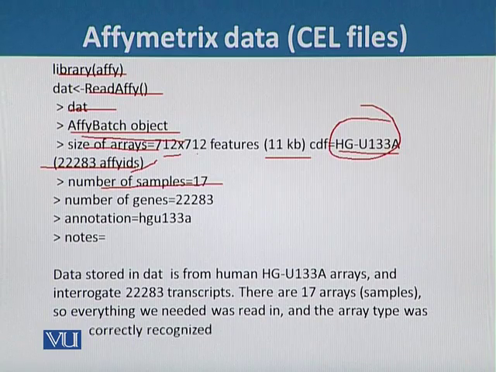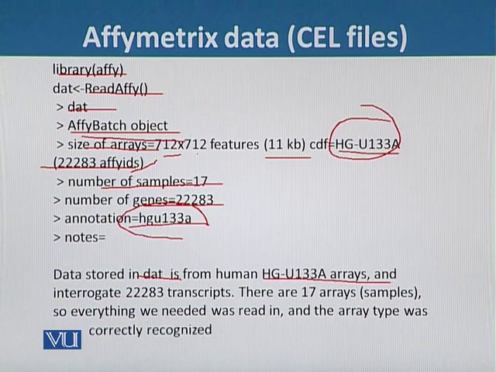The number of samples is 17, the number of genes is 22,283, and the annotation name is hgu133a. So we can see here that the data stored in this AffyBatch object is from human arrays, and it has 22,283 transcripts, 17 arrays, and some other information.